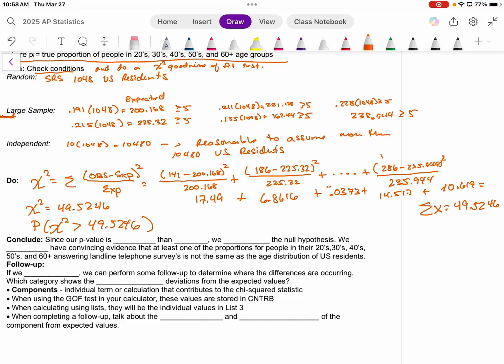Okay. So I'm going to do a chi-squared CDF. My lower bound is 49.5246. My upper bound is something really big. And then now I have to put my degrees of freedom. Well, our degrees of freedom we found already. It was our categories minus 1, which happened to be 4.